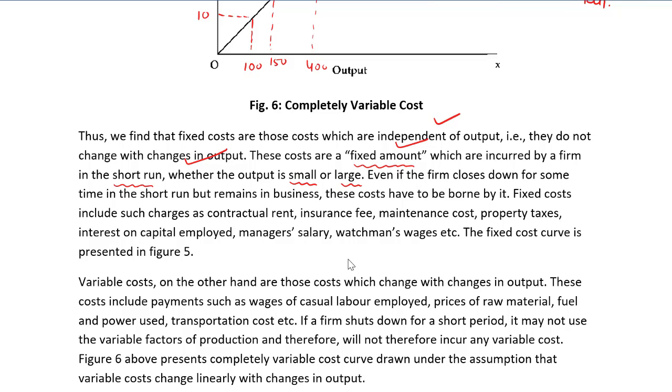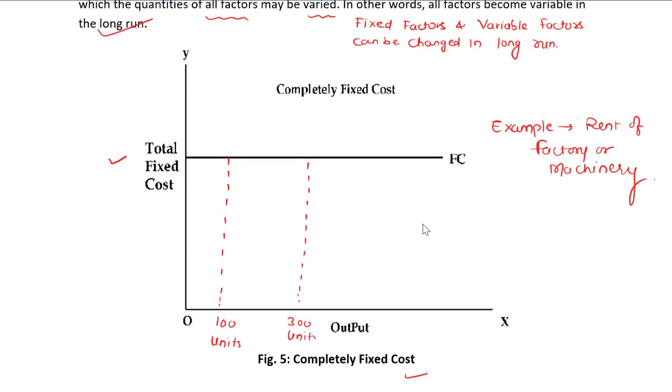Even if the firm closes down for some time, in the short run, the fixed cost remains the same. Fixed costs include the charges of contractual rent, insurance fee, maintenance cost, property tax, interest on capital employed, manager's salary, watchman's wages. The fixed cost curve is presented in figure 5 over here.